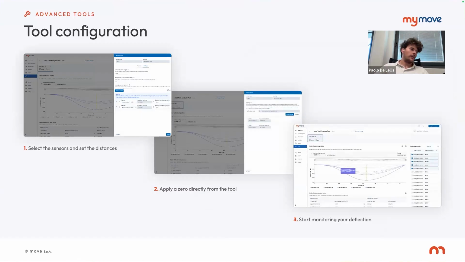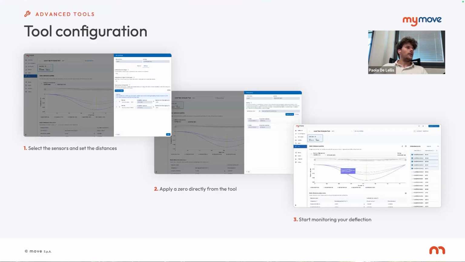Because of course the result is good. I think it's important to know the result, but are the configuration and the procedure that I need to follow to configure the tool in the platform easy or not? And the answer is yes. Very easy, user friendly.